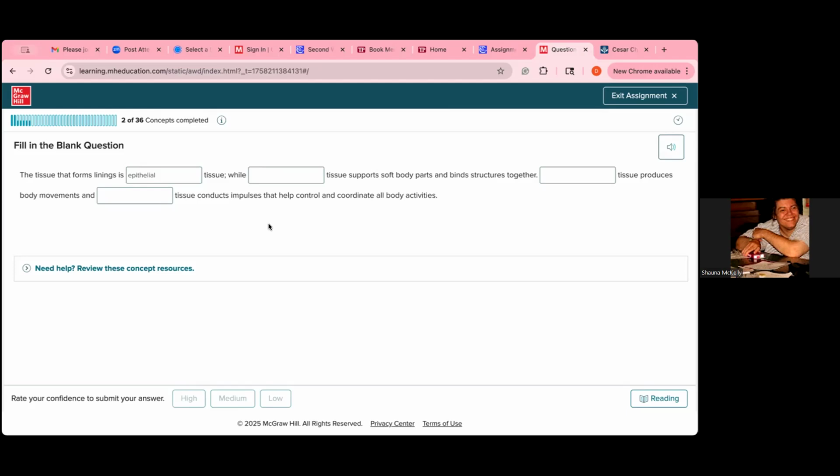If two structures are together, they're connected. That's connective tissue.